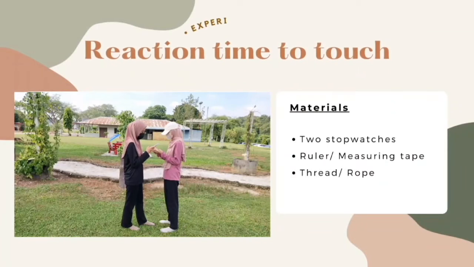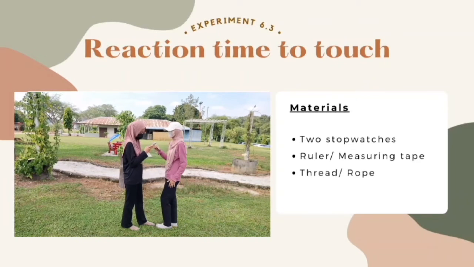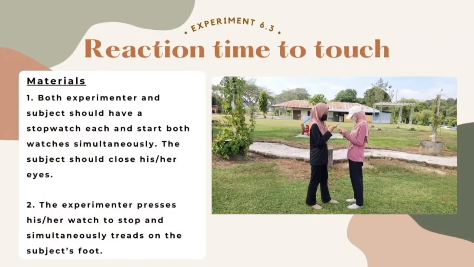Okay guys, so let's move to experiment 6.3, which is reaction time to touch. The materials needed are 2 stopwatches, a ruler or measuring tape, and thread or rope. Right, so the procedure for experiment 6.3 is... Oh, wait a minute. It is procedure, not material. I'm sorry. Right, so the first procedure is that both experimenter and subject should have a stopwatch each and start both watches simultaneously.